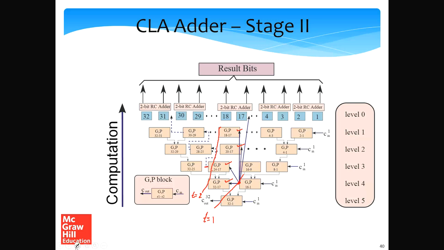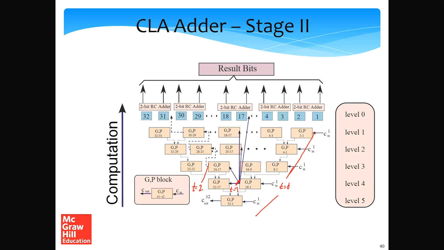So let's again erase the ink. So we'll realize that at t equal to 0, we are here, at pretty much the very beginning. At t equal to 1, we know the carry out at this point. And similarly for other points, I'm just showing one particular path.